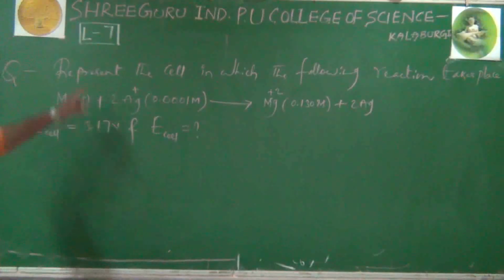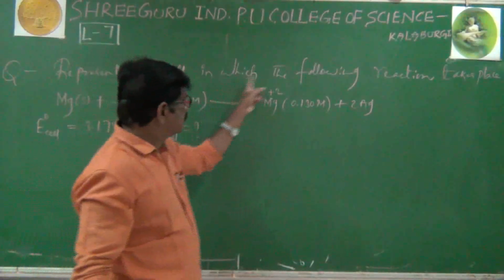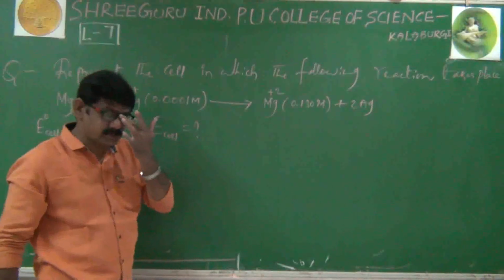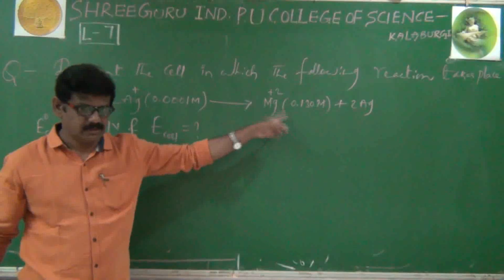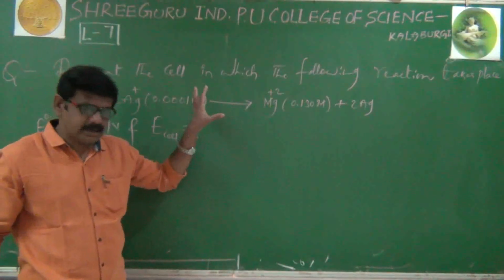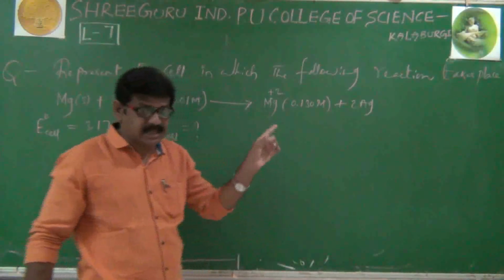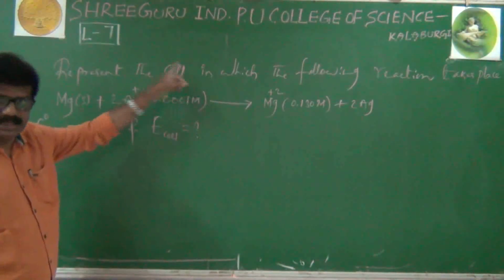Right. Represent the cell in which the following reaction is taking place. In this question, the net cell reaction has been given directly. With the help of the net cell reaction, first we have to write the cell notation, because it is asking to represent the cell notation.